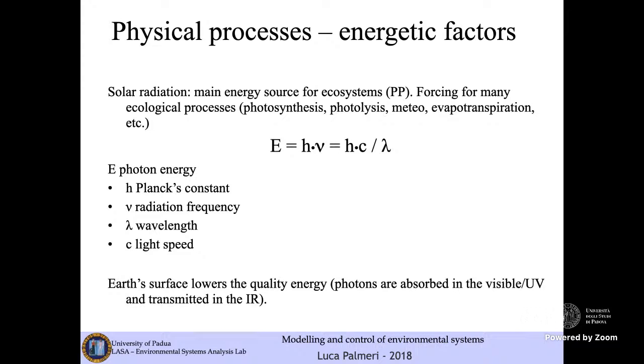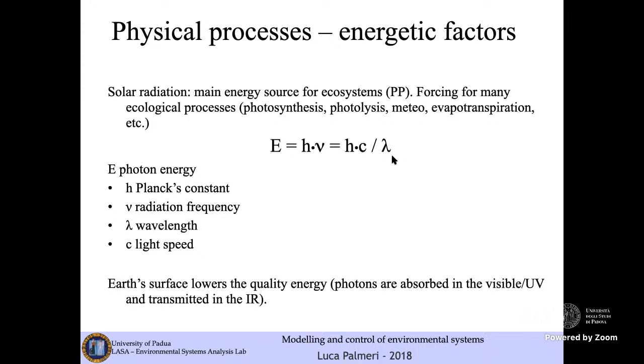We may write from quantum mechanics that the energy transported by solar radiation is equal to h times nu. H is Planck's constant, nu is the radiation frequency, which may be expressed in terms of radiation wavelength, by saying that the radiation frequency is equal to c, the speed of light, divided by the wavelength.